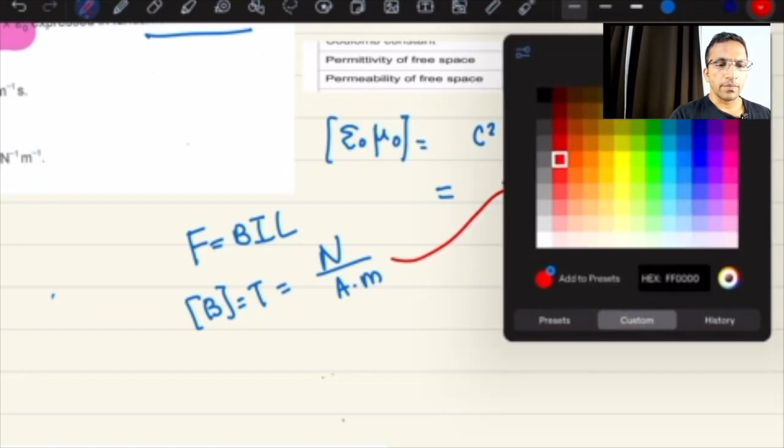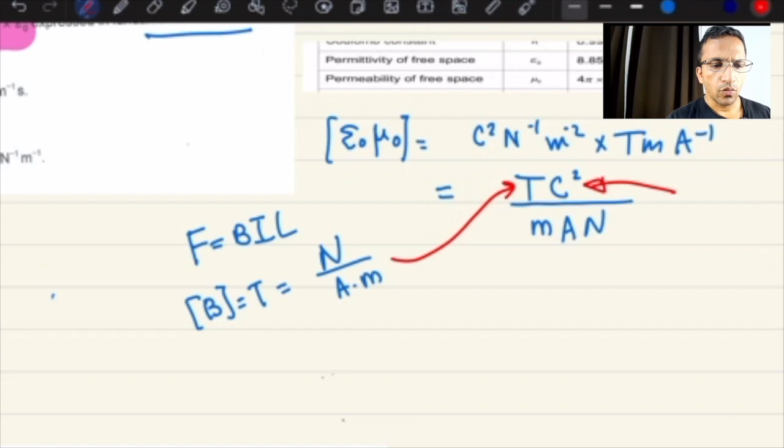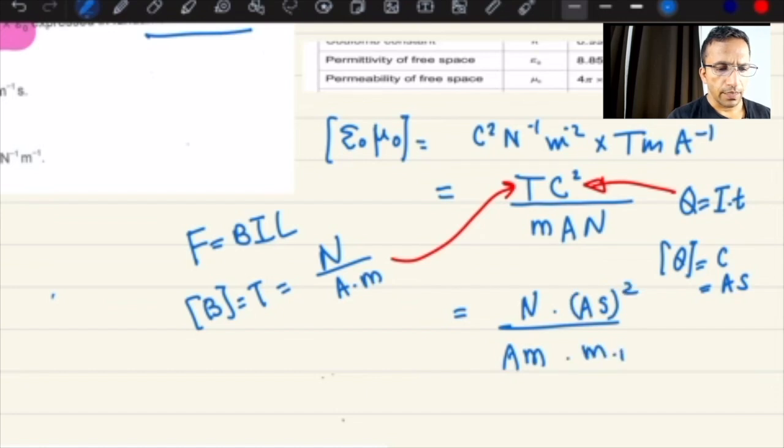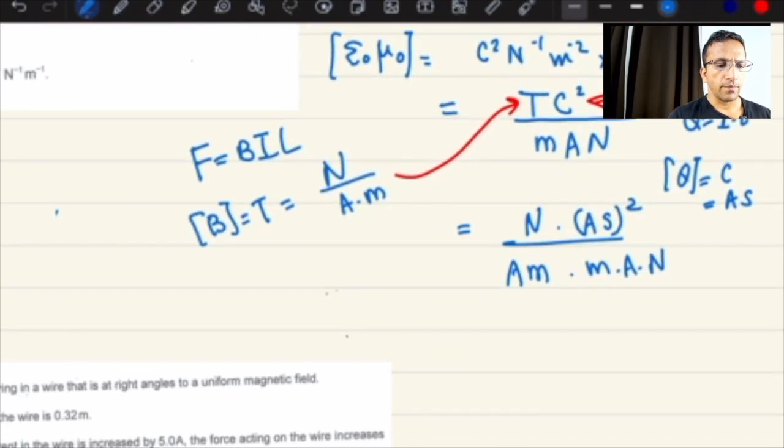So I am going to substitute this for tesla. And again, let's think about coulomb. Coulomb is the unit of charge, right? Charge is current times time. So coulomb means actually ampere second. So let's combine all these together. So newton per ampere meter means tesla, ampere second squared, and meter, ampere and newton. If you look at this carefully, we'll see newton gets cancelled, right?